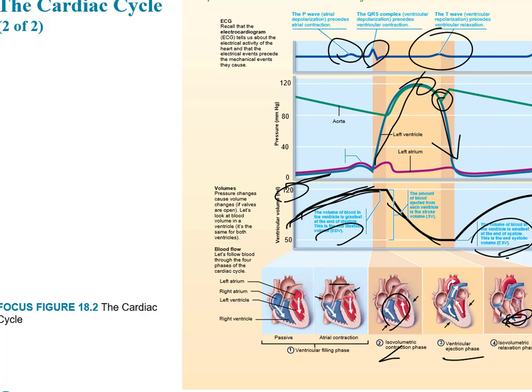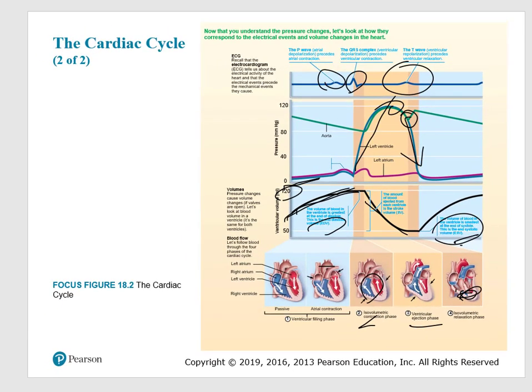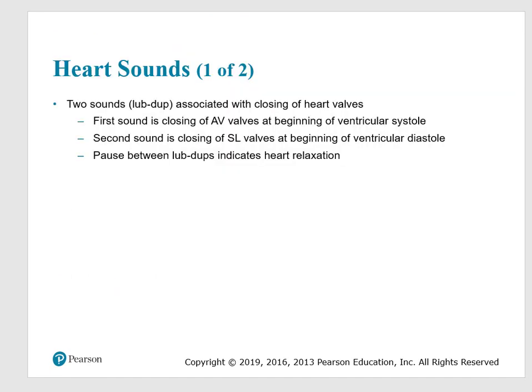So technically 120 minus 50 is 70 ml of blood that is received by the aorta at the end of your ventricular ejection phase. So all of this is what we consider the cardiac cycle that happens in your heart.